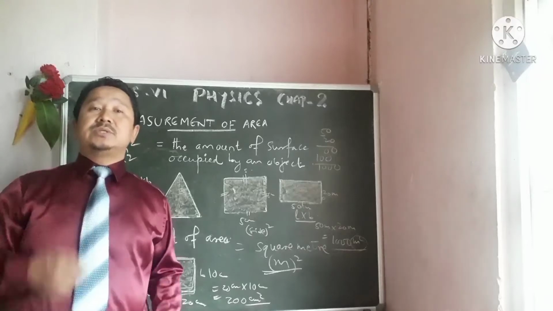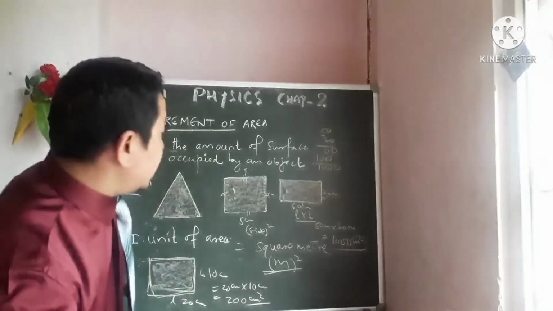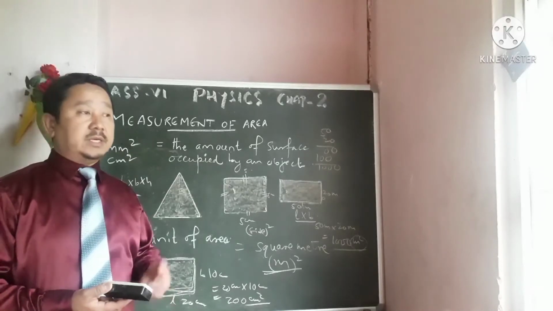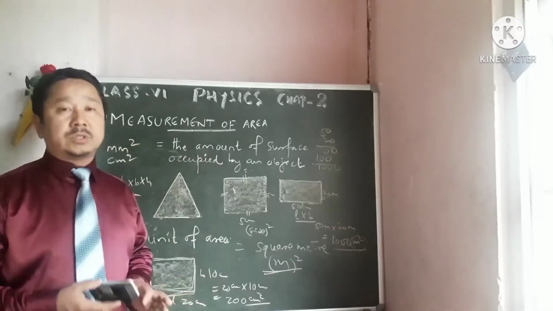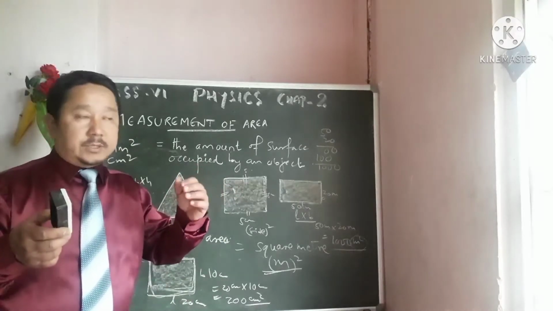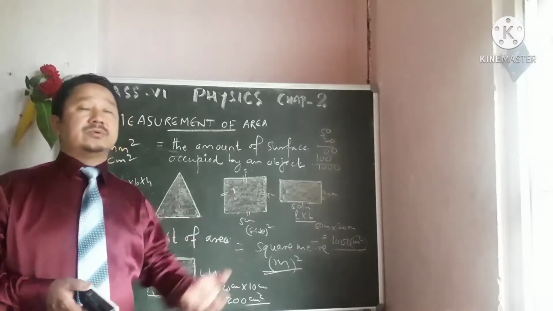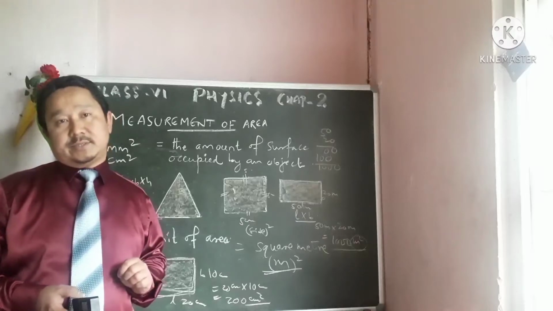There we can use a bigger unit. That way we can measure the area of an object, or the ground, or your village, or your city, or your country. So accordingly we use the multiple and sub multiple units.